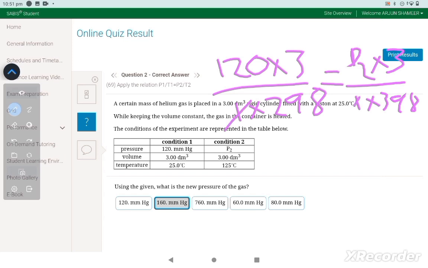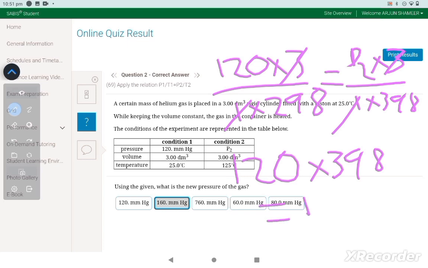Now cancel. 120 times 398 is equal to P2 times 298. When we do the math on calculator, we get 160.26, so round that off, we get 160.